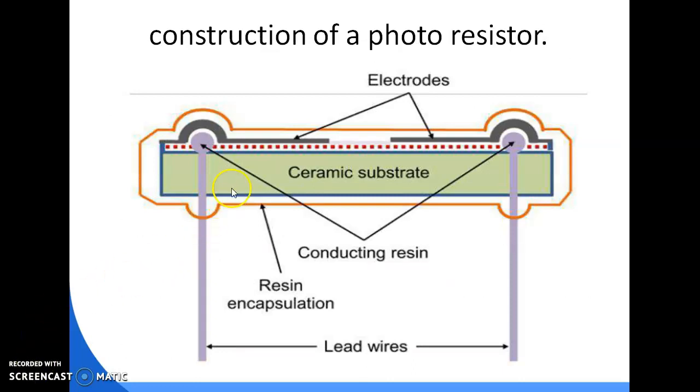So, this part is our ceramic substrate upon which the electrodes are placed. And all these are encapsulated or covered with the resin material to protect it from atmospheric effects like UV rays, moisture or raindrops. And two lead wires from the electrodes are connected.